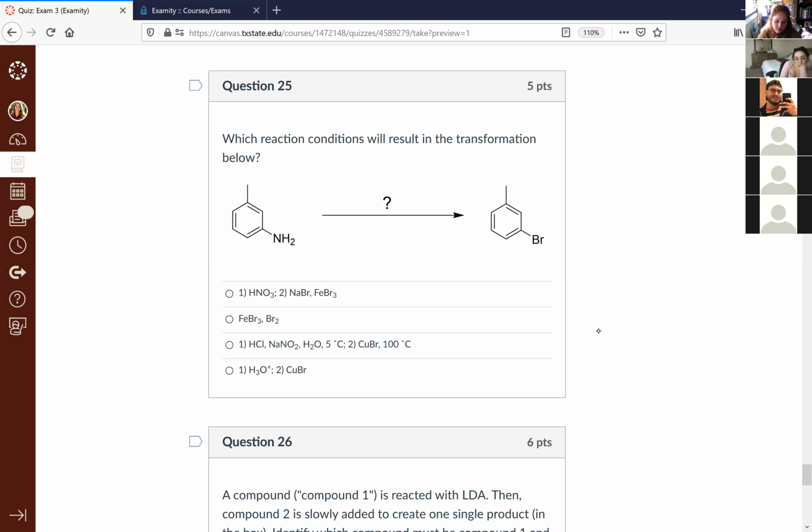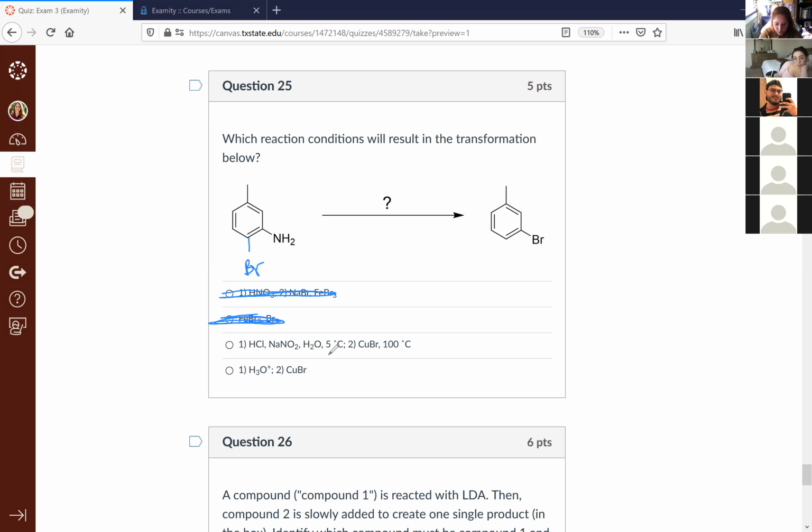So the first thing that I would do is go through and eliminate all the options that don't start with nitrous acid. And that will get you to the answer immediately. So this is nitric acid. That's not an answer. This is bromination. That would put a bromine here. That's not what we're trying to do.